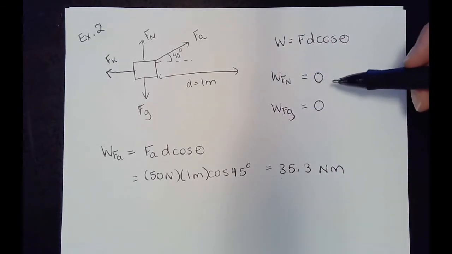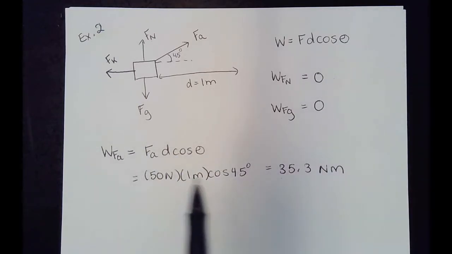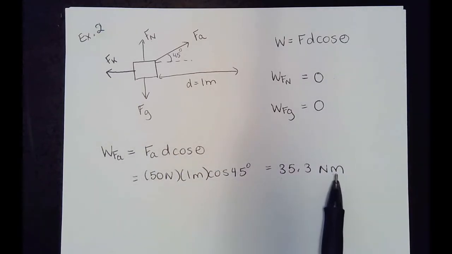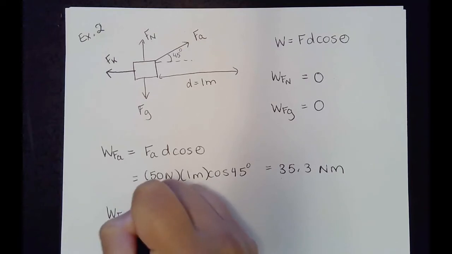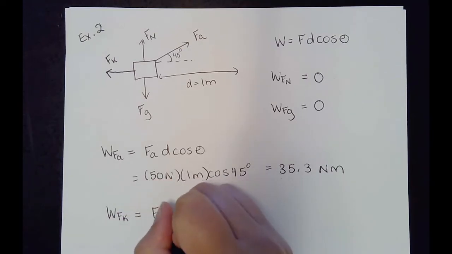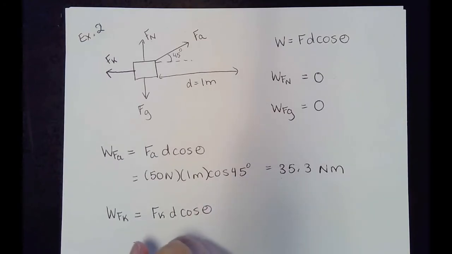Again, we know that work done by the normal force and gravity are 0 since they're perpendicular to the displacement. And we found the work done by the applied force, and it's the same applied force for this example. So for part A, we need the work done by the kinetic friction, which will be Fk d cos theta. So the friction force is 12 newtons.